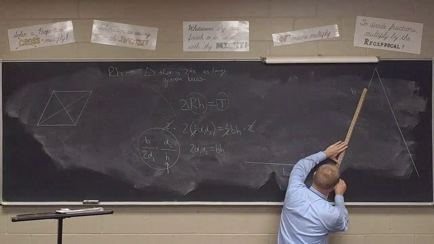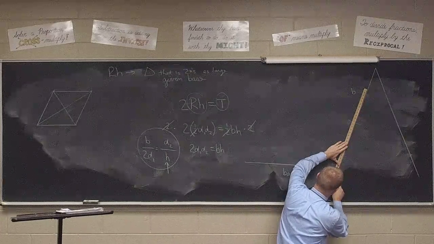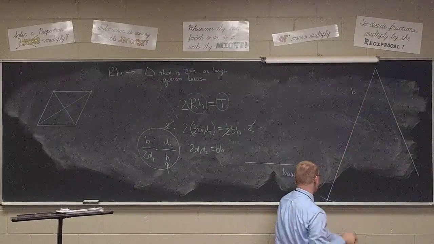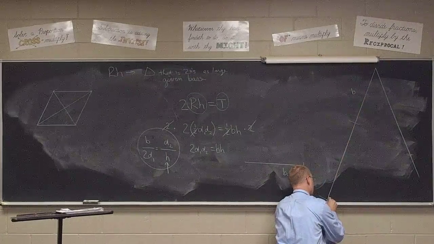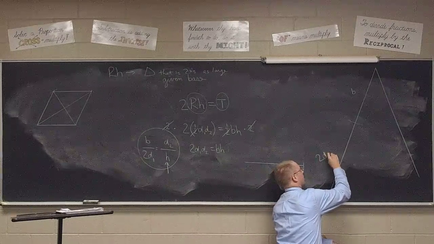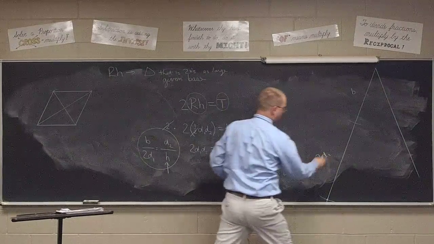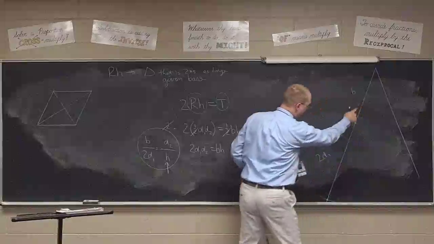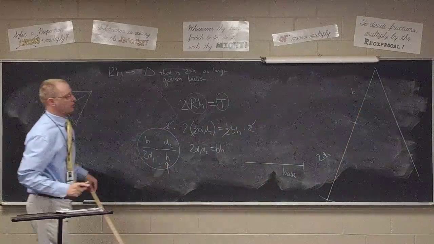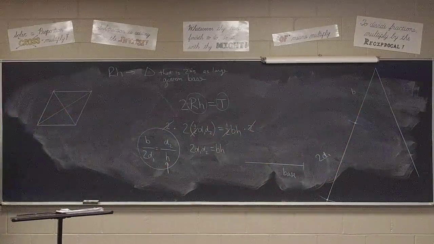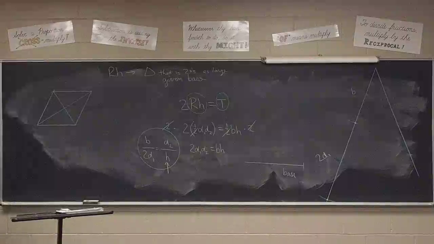But if we extend the side down here is the point I want. So here's the end of B, and all the way down here, just fitting on the chalkboard, is the other end of the 2D1. All right, then what?